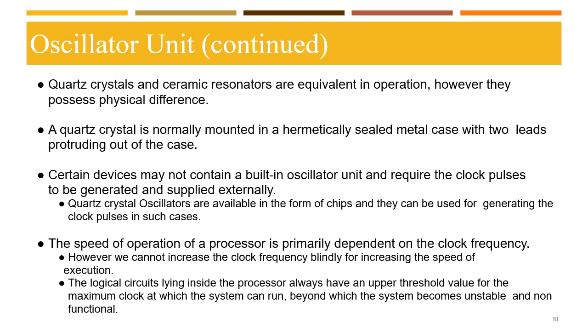They require external pulses to be generated and supplied externally. Quartz crystal oscillators are available in the form of ICs, and they can be used for generating clock pulses in such cases. The speed of operation of the processor mainly depends on the clock frequency.